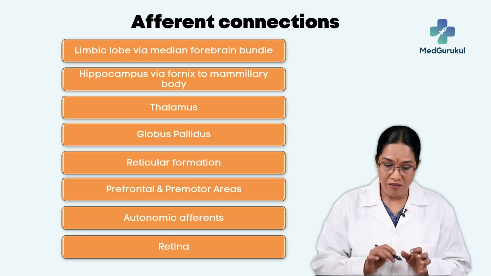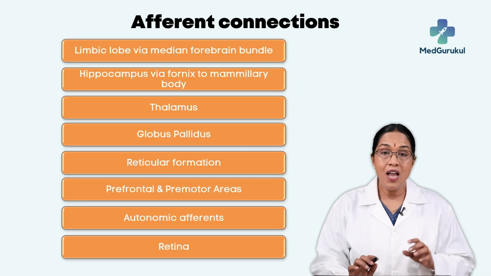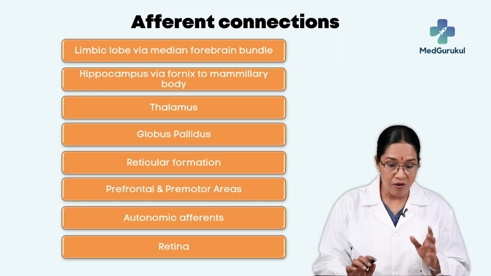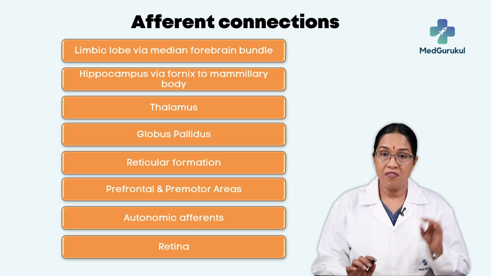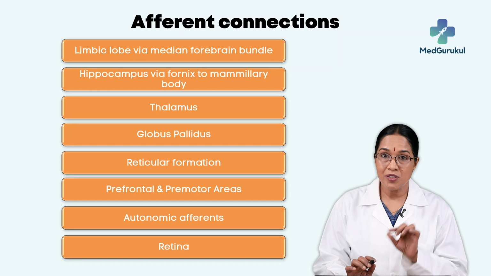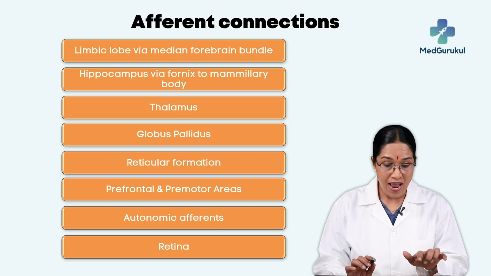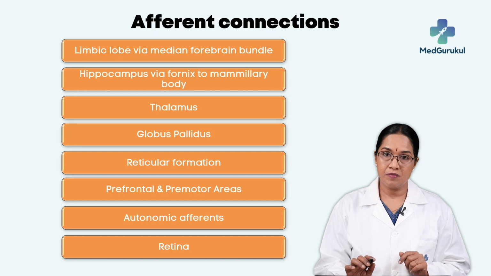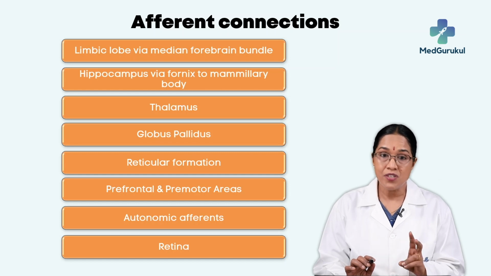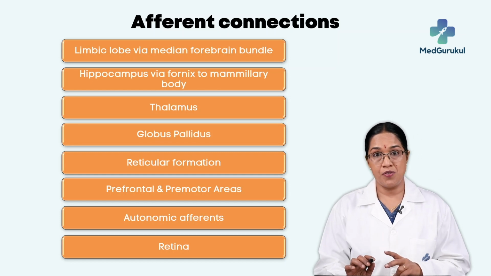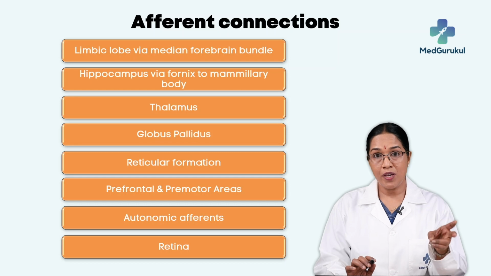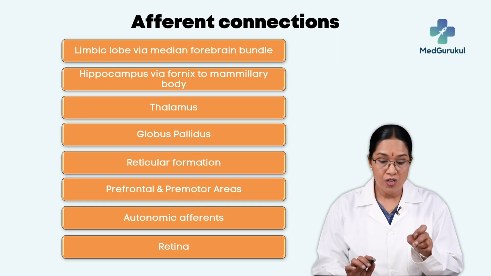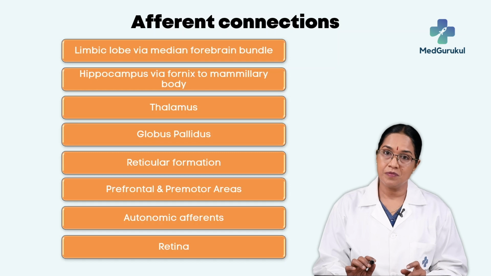So, coming to afferent connections, the hypothalamus receives impulses or stimuli from the limbic lobe, and that is via the median forebrain bundle. The hypothalamus receives inputs from the hippocampus, via the fornix to the mammillary body.